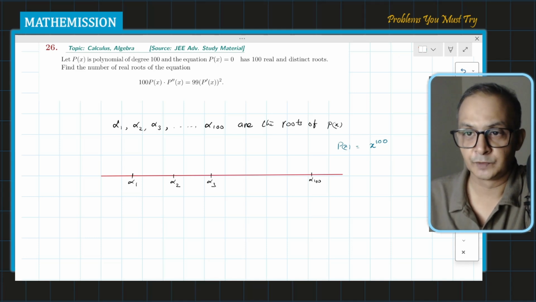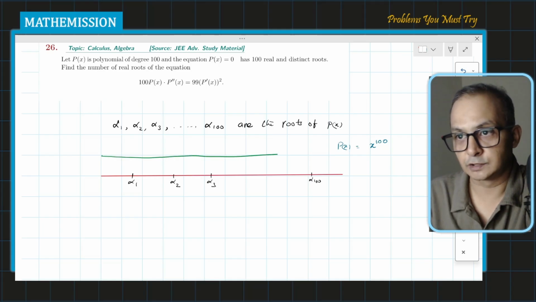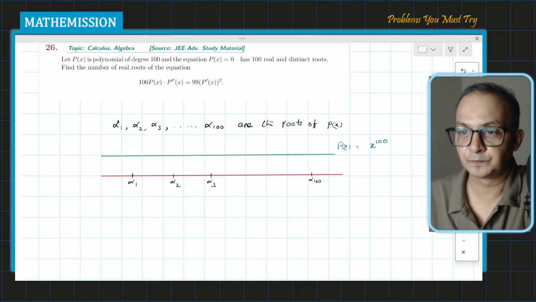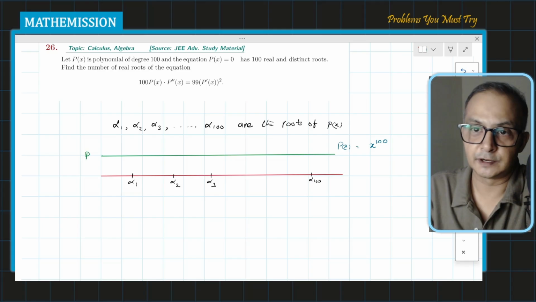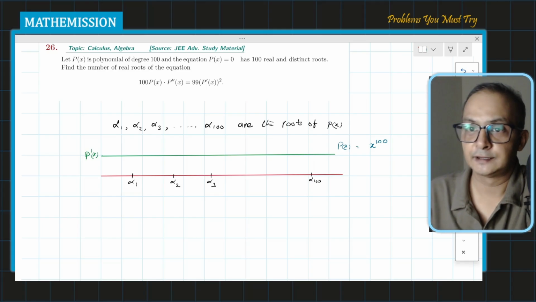If these roots alpha 1 to alpha 100 are real, and I try to plot the roots of p dash x, where will they lie? They will lie between alpha 1 and alpha 2, between alpha 2 and alpha 3. So let's say these roots are beta 1, beta 2, and so on.